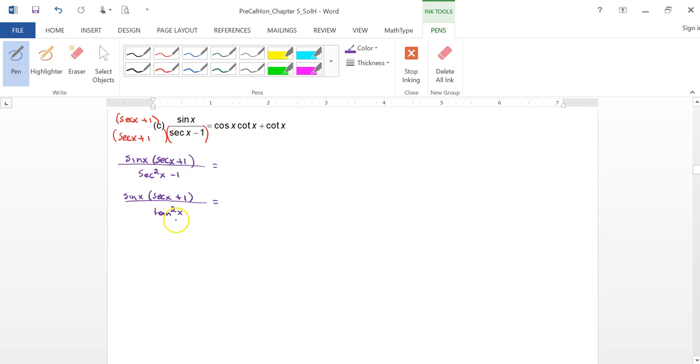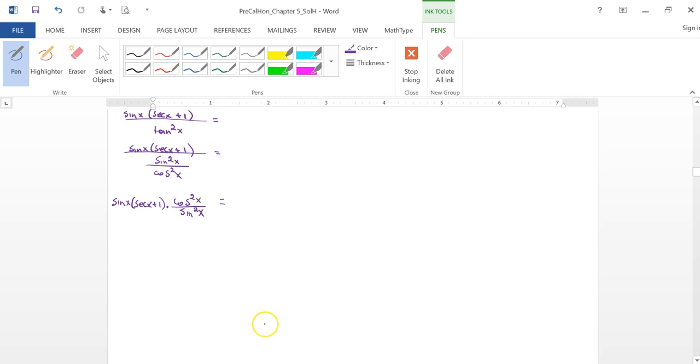So why don't I change the tangent into sine squared over cosine squared? Okay? So let me just rewrite that in a fashion that we can use. Sine x, secant x plus 1 times the reciprocal, cosine squared x over sine squared x.